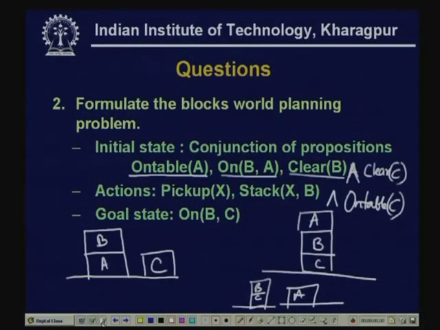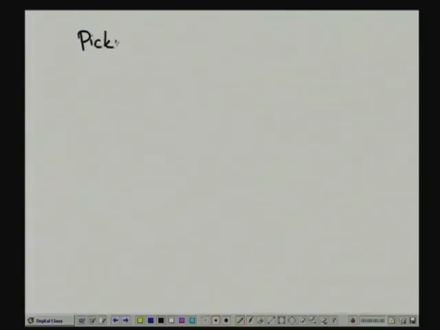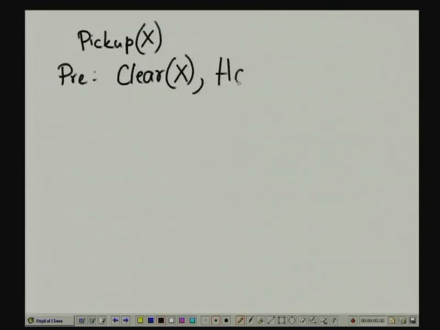So, let us see. For the action pick up X, the precondition has to be that clear X, hand empty, and let us say on X Y. What will be the effects?